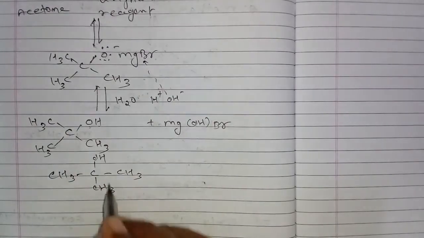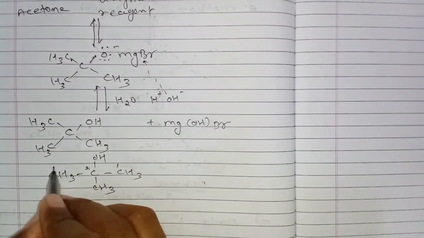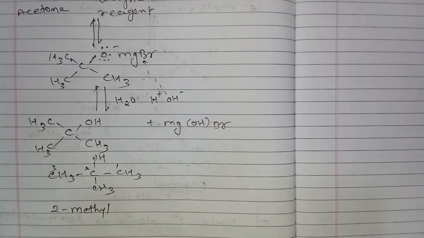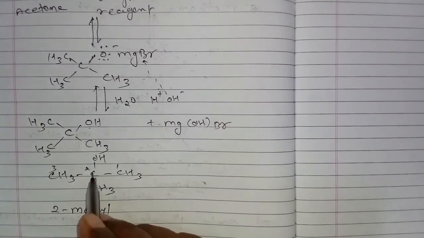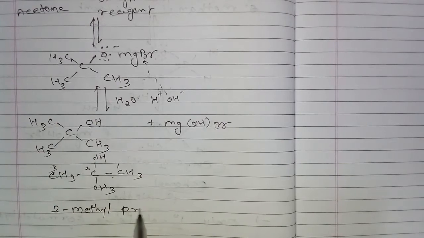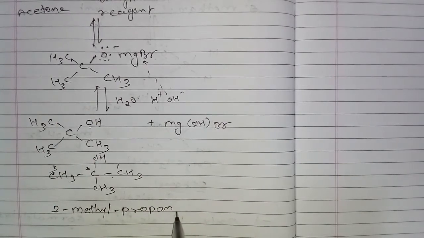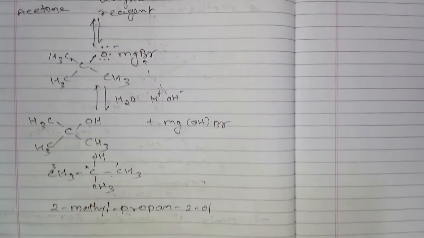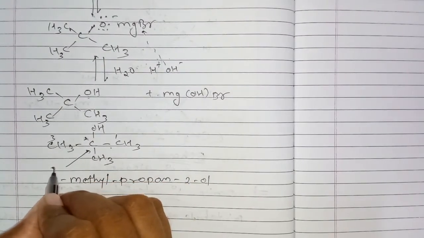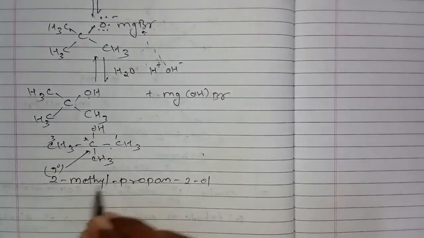Now its name is 2-methyl, 3 carbon, so propan-2-ol, and it is a tertiary carbon, so it is a tertiary alcohol.